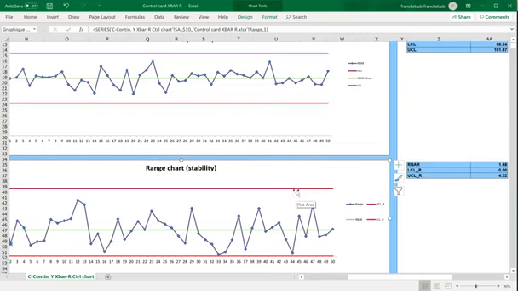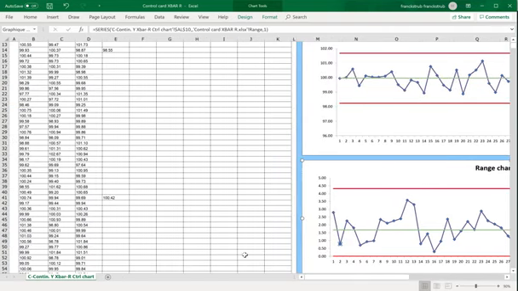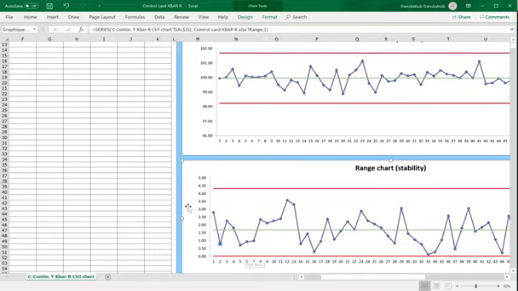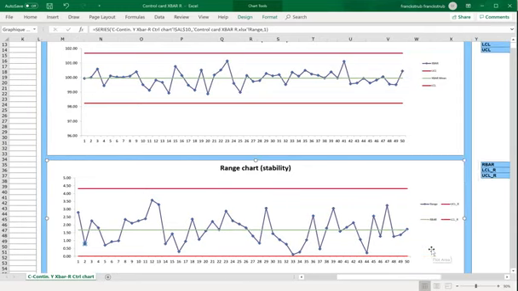We can add 3 standard deviations above the mean, and we have the upper control limit of the range. And here we can subtract 3 standard deviations below the mean, and we will have the lower control limit of the range. We limit it to 0 because a range is always positive. If you are within control, meaning all your ranges are within the control limits, we say you are stable.